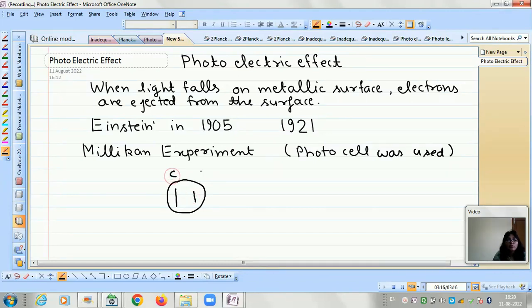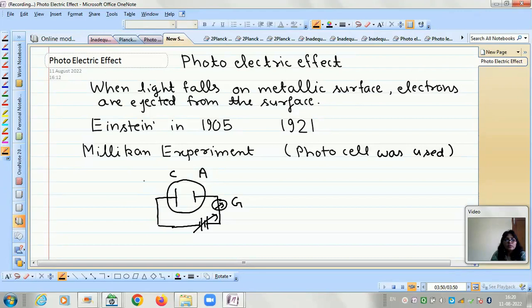So here it is cathode and here it is anode, and in between the cathode and anode a potential difference is applied. This potential difference is a variable potential. So potential can be changed, and its polarity can also be changed, and here we can put some galvanometer or an ammeter to observe the current.